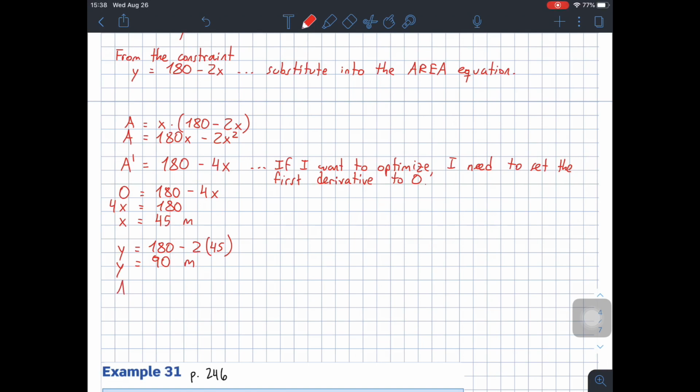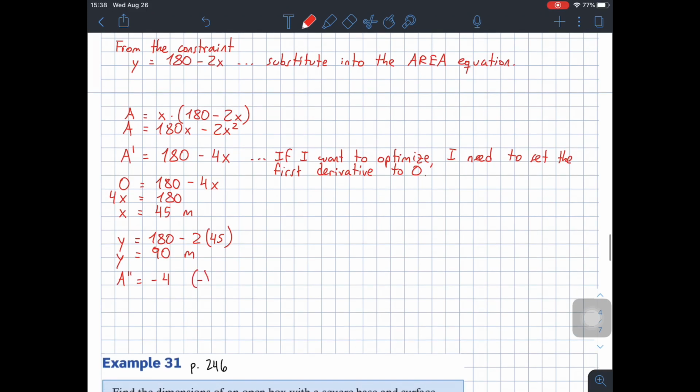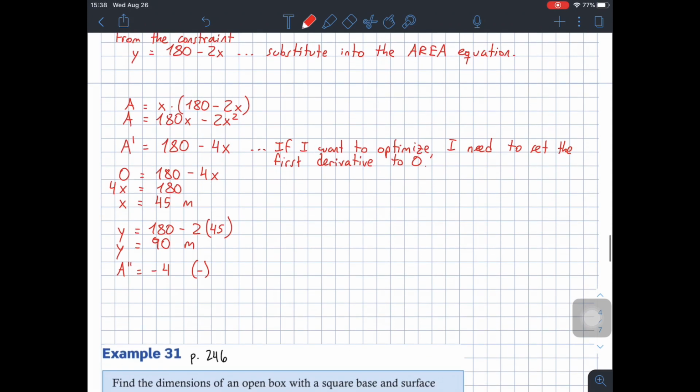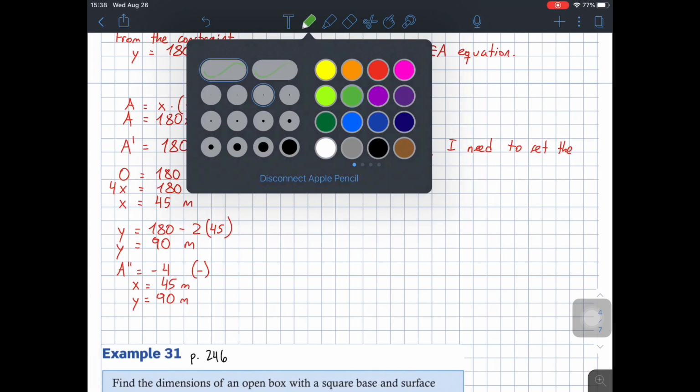If I find the second derivative of this expression, it would be 0 minus 4, right? Minus 4, and this is a negative number. And if it's a negative number, then the values x equals 45 meters and y equals 90 meters both correspond to a maximum point.